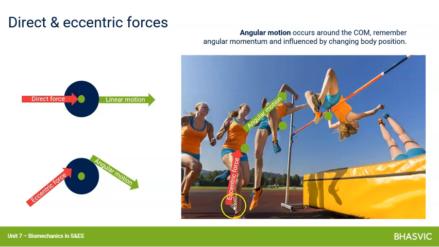So they are creating angular motion by an eccentric force from the ground, a reaction force from the ground, going around the outside of their centre of mass. Remember back to the Magnus force, where a force is applied outside the centre of mass and we create spin. This is basically the athlete creating almost like a rotation spin on their body, turning their body to be able to go over and change direction backwards in that arch.